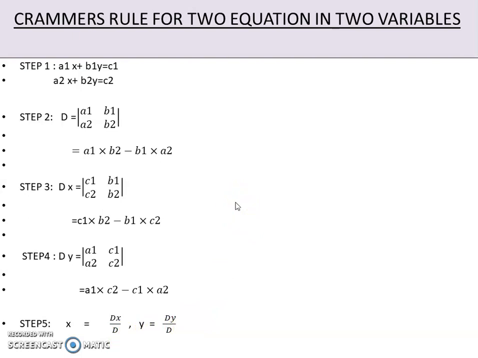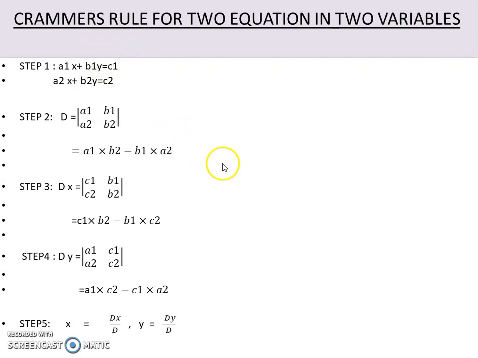Always remember that Cramer's rule is more applicable if the coefficients of x and y are non-zero numbers, at least 1 or minus 1 is available, and D must always be non-zero. Then we can solve the system of two variables with two equations easily and definitely.